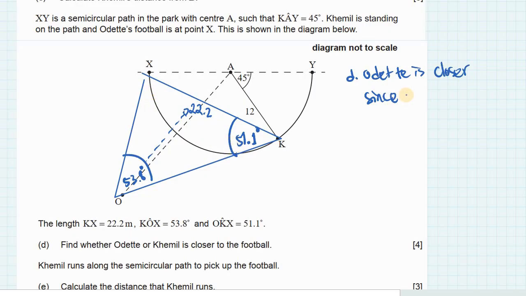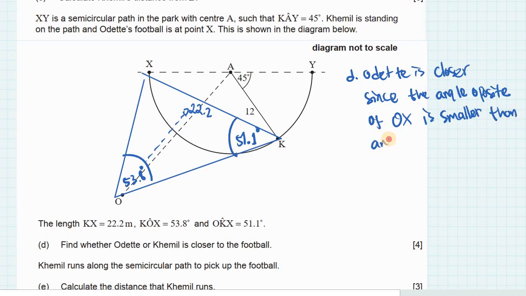Since the angle opposite of OX is smaller than angle opposite of KX.